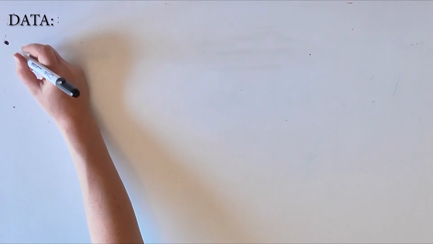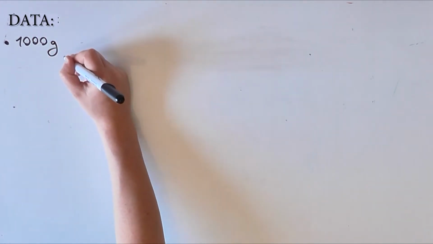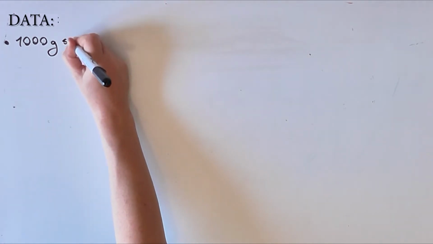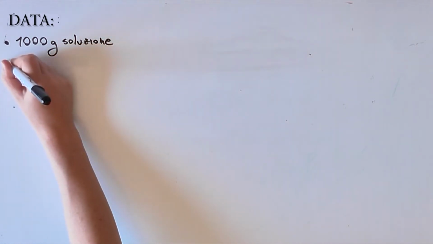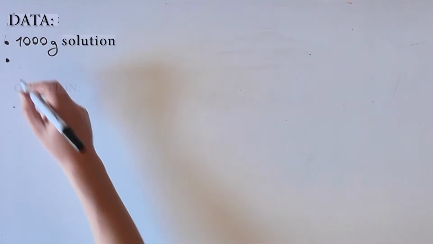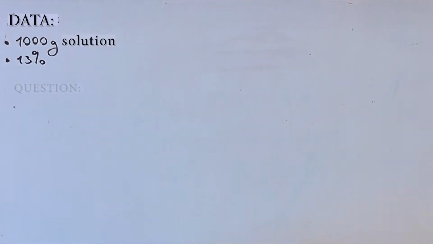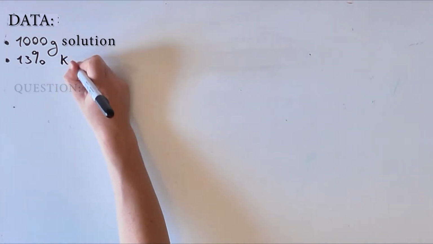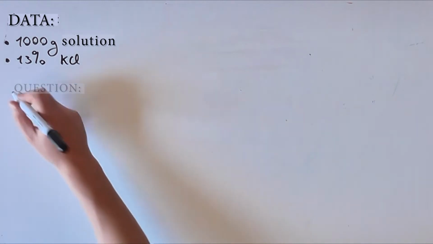I want to prepare a solution made by 1000 grams of total solution. So it's 1000 grams of solution, which is 13% by mass of KCl, which is potassium chloride. Of course, the question is implicit here.